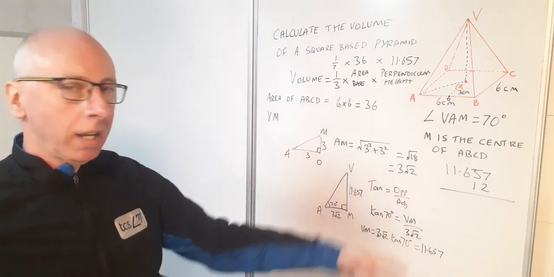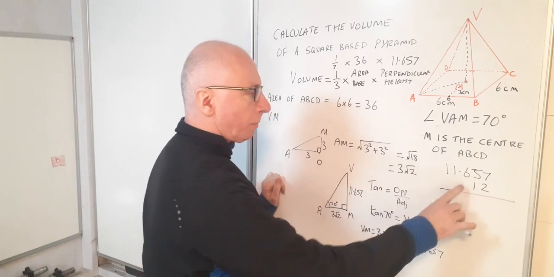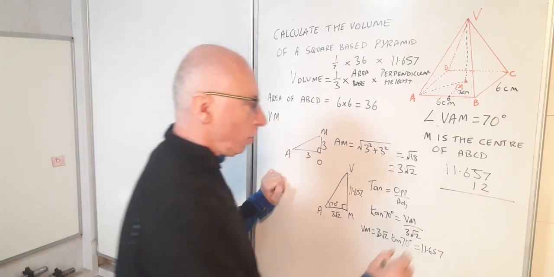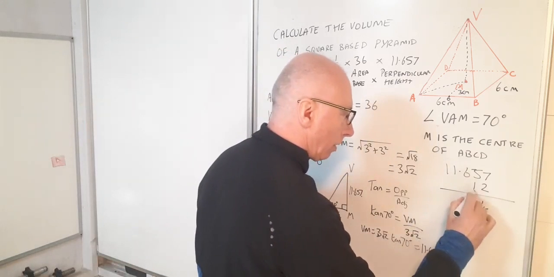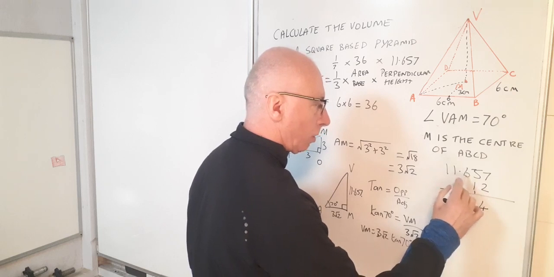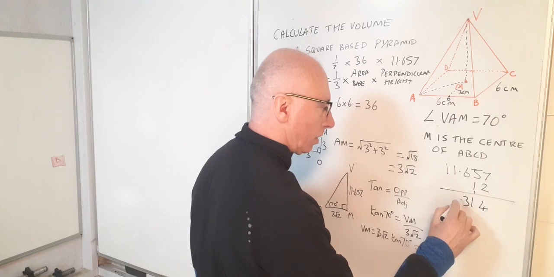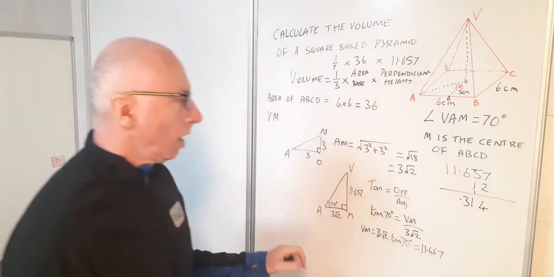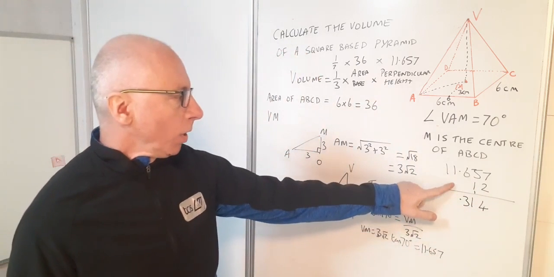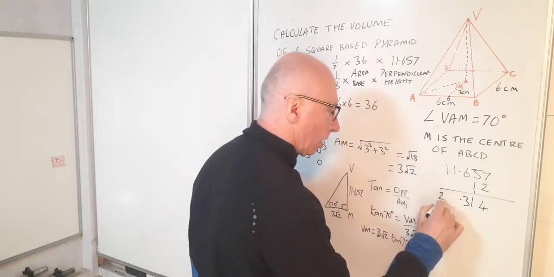Let's see if we can do it here without a calculator. So times this by 2. 2 7s are 14. Carry the 1. 2 5s are 10. Carry the 1. 2 6s are 12. Carry the 1. So that's going to be 13. So that's 0.314. And then carrying 1 again. Times 2. 2 11s are 22. Plus 1, 23.